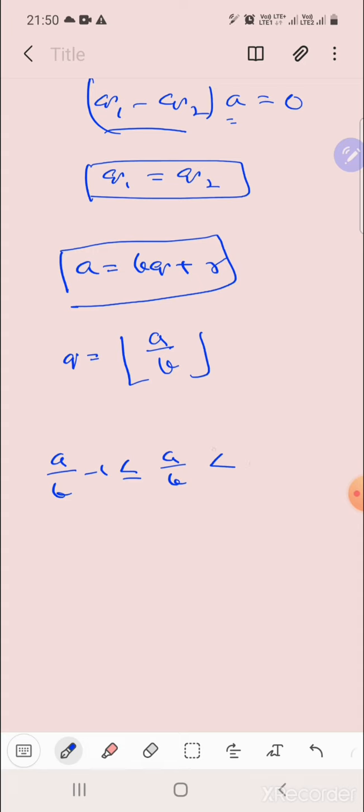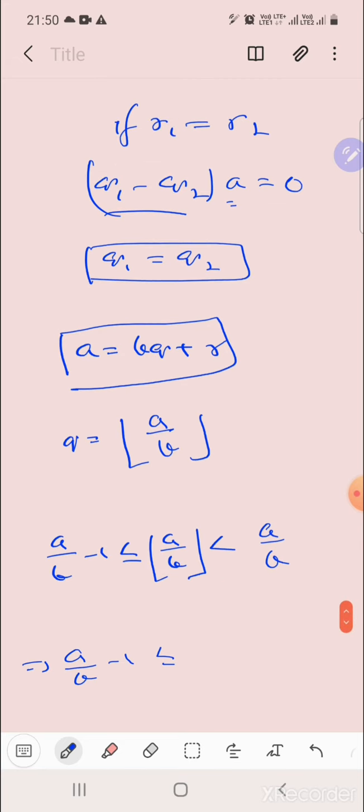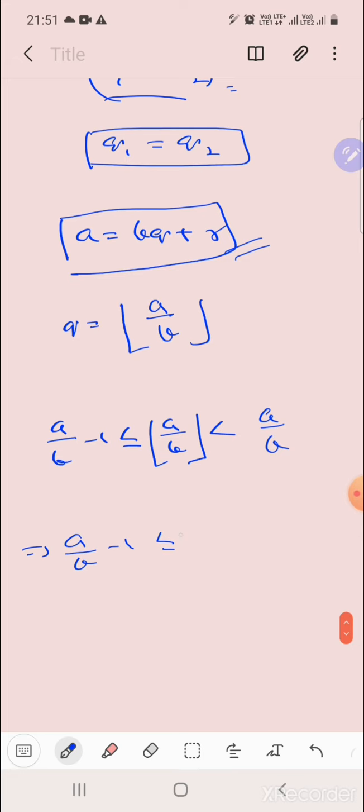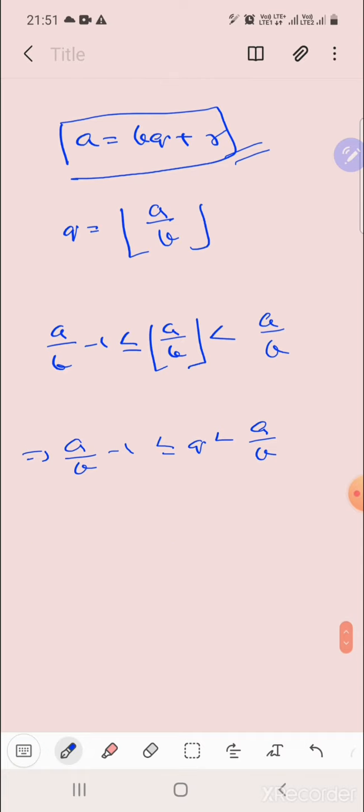Sorry, it is a by b, not b. So from here you can say that a by b minus 1 is less than or equal to q, where a is equal to bq plus r. So you get q less than or equal to a by b.